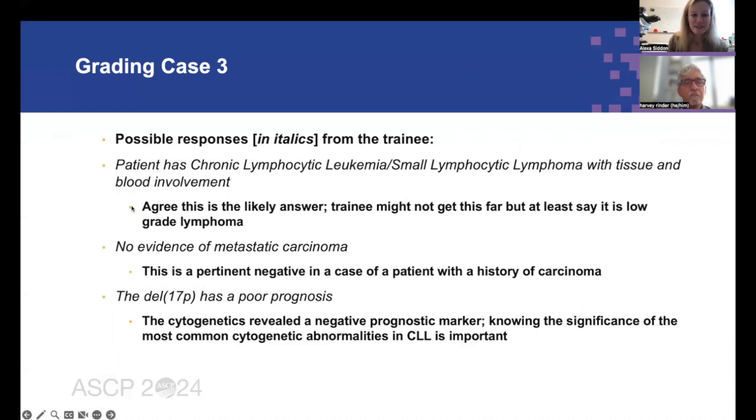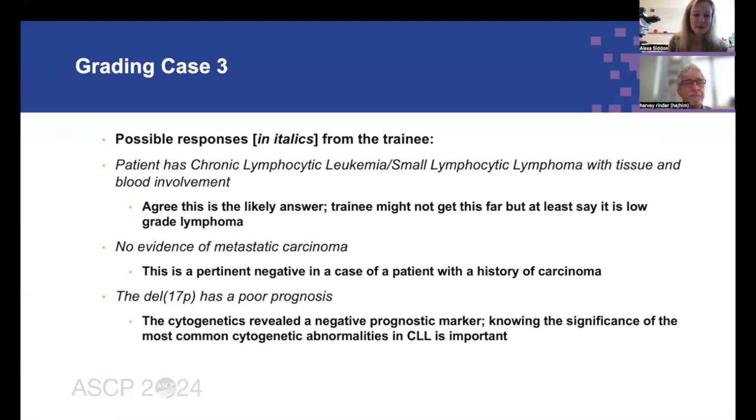Maybe they would say that it's a low-grade lymphoma because that Ki67 was low. So there are varying possibilities that they could get to with some of the information, even if they don't integrate it all. I think an important part of the report would be that there's no evidence of metastatic carcinoma, especially in a case of a patient with a history of carcinoma.